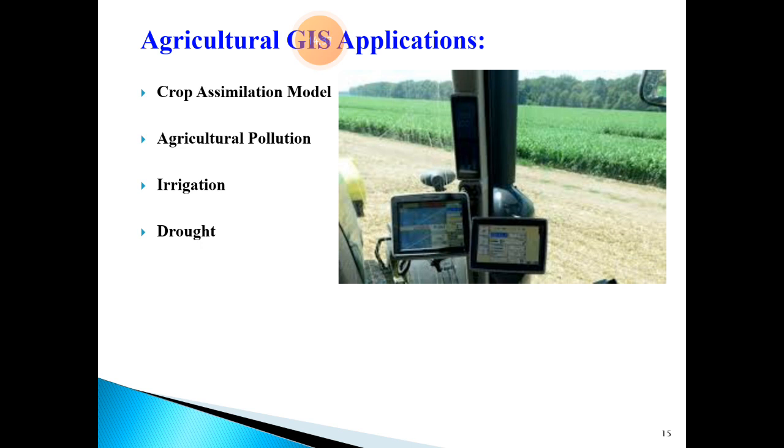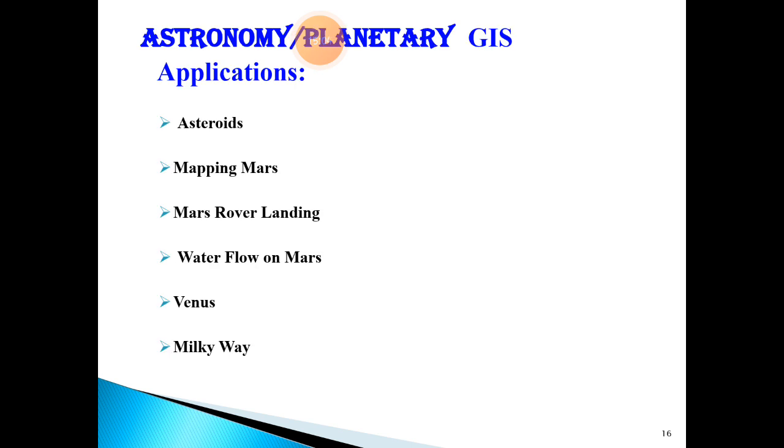So, we apply it by looking at the weather conditions, soil conditions or parameters to grow a good yield of the crops. This technology we call the crop assimilation model. Similarly, GIS helps in monitoring the quantification of the agricultural pollution in the environment and also gives the details on irrigation and drought conditions to the farmers.